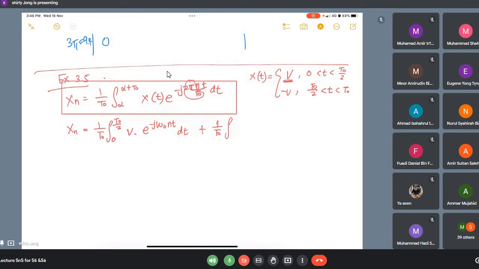Okay, the range is from T naught over 2 to T naught. Okay, now the x(t) is negative V. So now you can bring out the V to outside. So V over T naught.